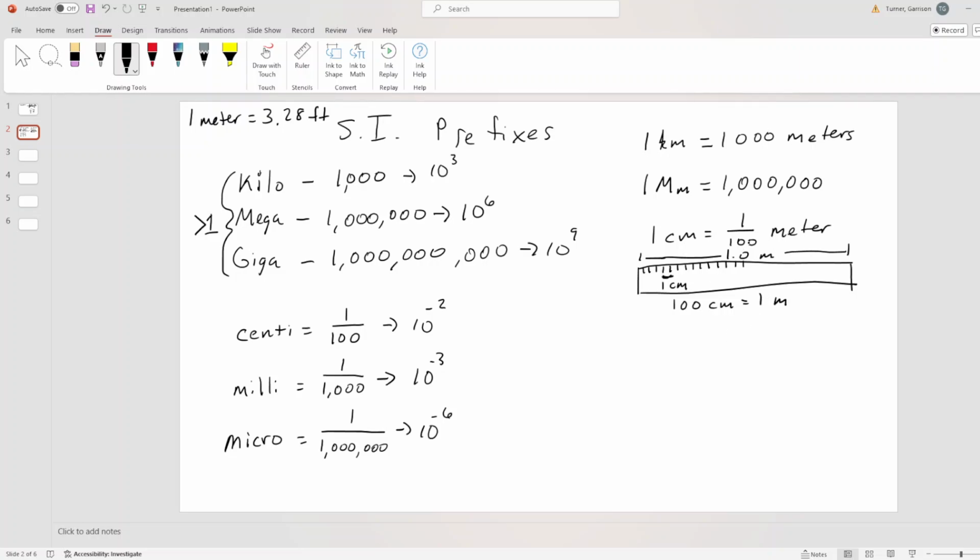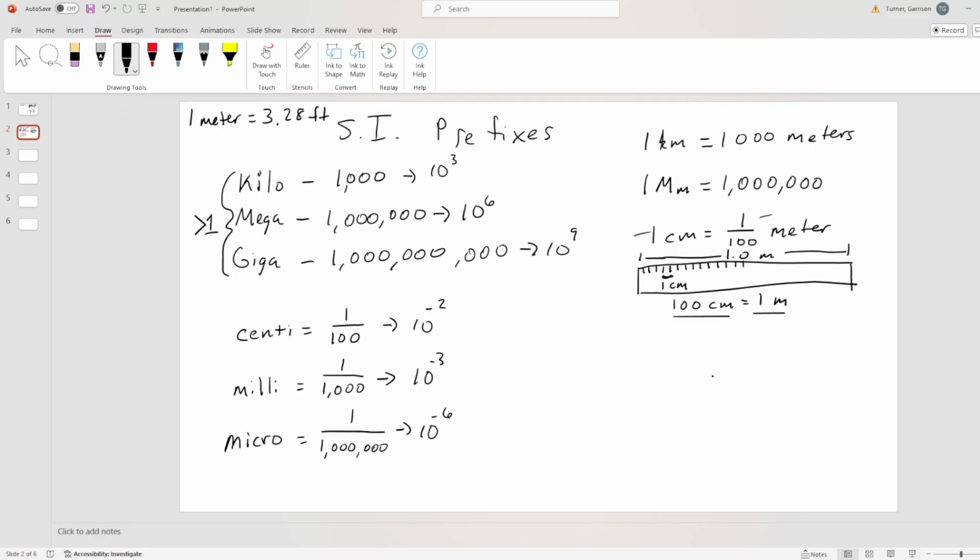And that comes, if I multiply both sides of this equation by 100, then I would get 100 centimeters in 1 meter. Okay, so even though the definition of a centimeter is 1/100th of a meter, this 100 centimeters in 1 meter is usually the way we write it out. This is the much more common way of writing it out, and that's because this is a little bit easier to visualize.